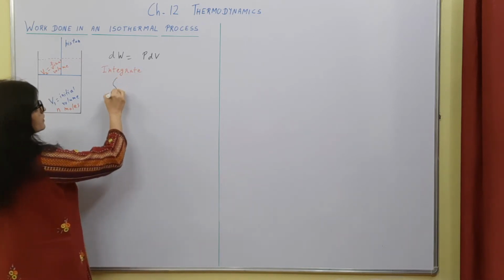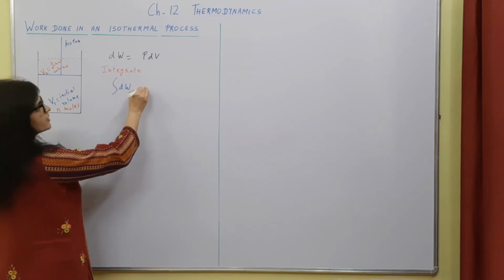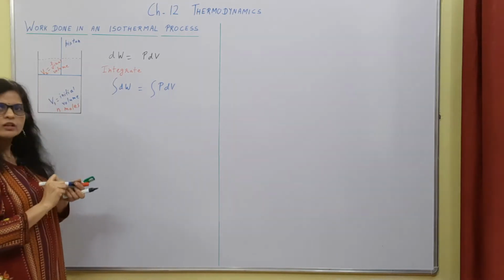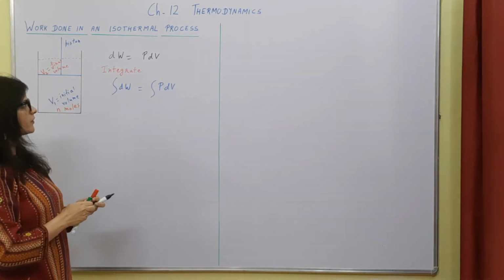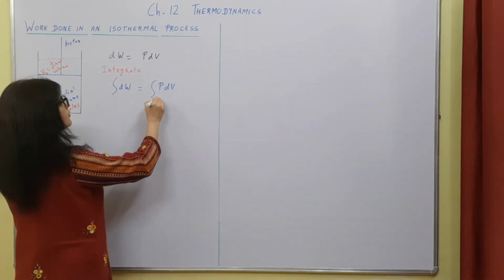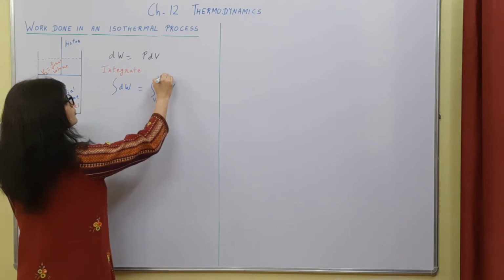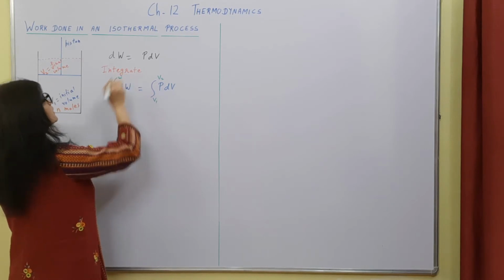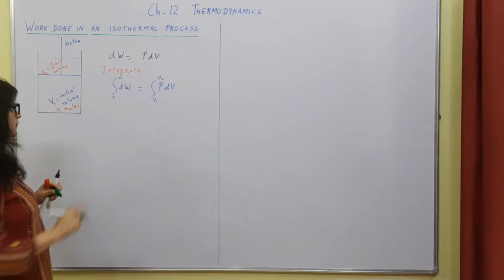What will we get? dW is equal to integration of P dV. What limits are we supposed to place? Since initial volume is V1, final volume is V2, initial work was 0 and total work done is W.